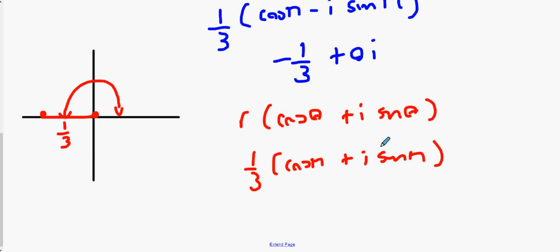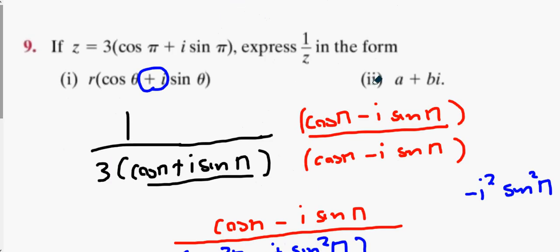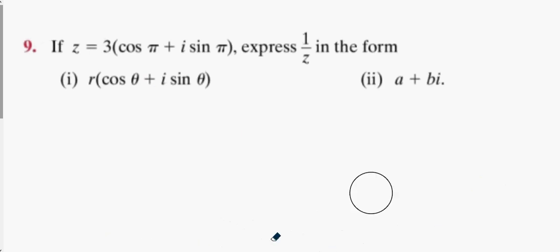Okay? Do you know what I was thinking actually, just halfway through the question? I started thinking, what happens if we just did this at the very beginning? Just change that into minus 1 and change that into 0. What then? Would everybody agree it's minus 3 plus 0i? Yeah? And then that's z.